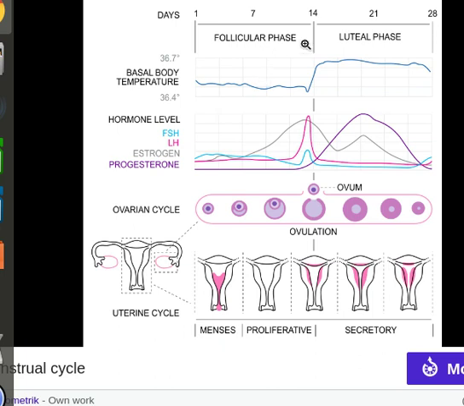Then we have the ovulation. That's on day 14, remember? One hormone begins to fall on day 12. Which one? Estrogen. And then the next stage of the cycle starts. There are 2 hormones that begin to rise sharply because they're no longer inhibited. Yes, the 2 hormones are called FSH and LH. They begin to rise.